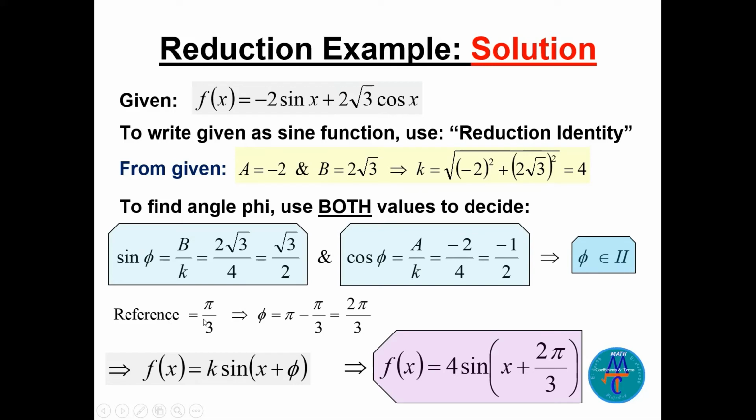So a reference angle will be pi over 3, and phi will be in quadrant 2, pi minus pi over 3, which is 2 pi over 3. See, all this given here, you can write it as this function, 4 sine x plus 2 pi over 3. Then you can graph it, and you can find anything you like.